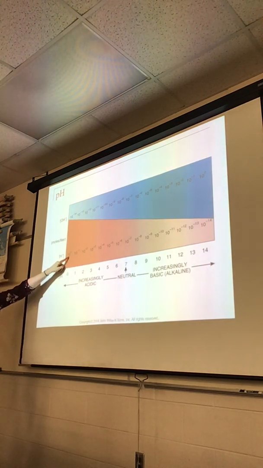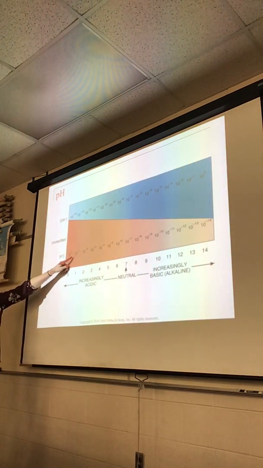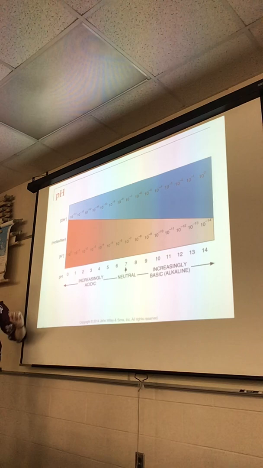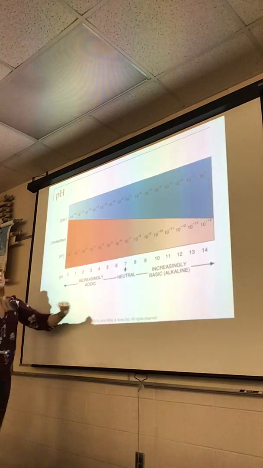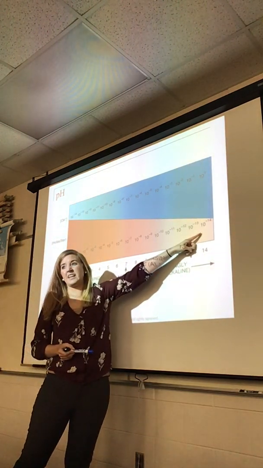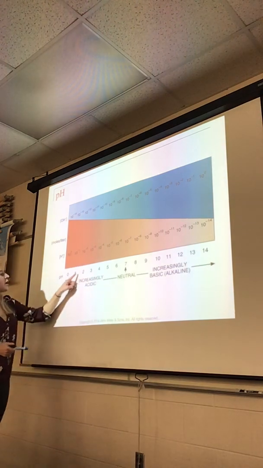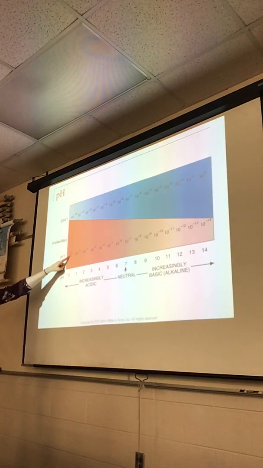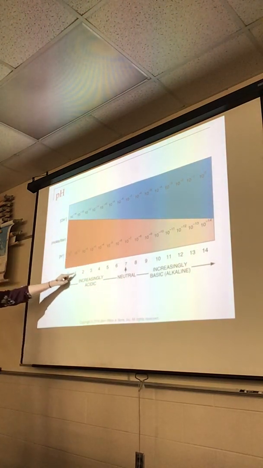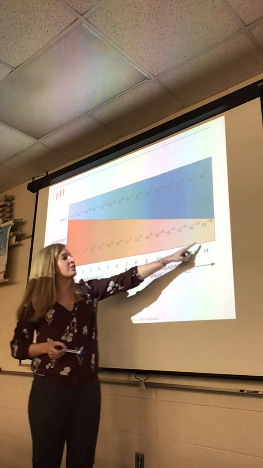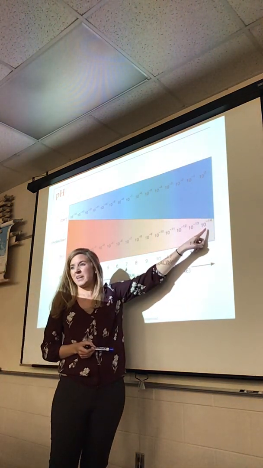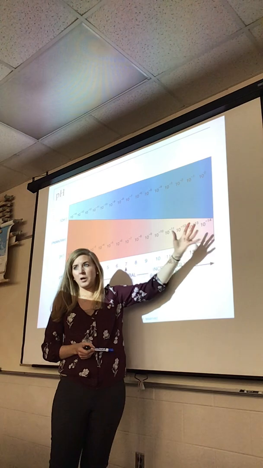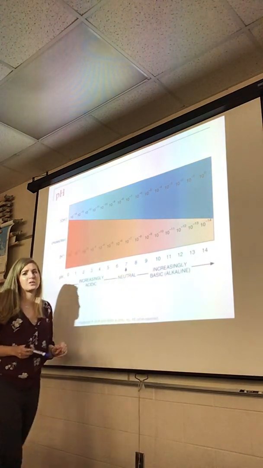So when you look at this, basically what you should get from it is that 10 to the 0 and 10 to the negative 1 are larger numbers than 10 to the negative 14 up here. So this 0 is going to have a lot of hydrogen ions, 10 to the 0, but this 10 to the negative 14 is the smallest number. Does that make sense? Negative exponents are small. So that's kind of how this works.